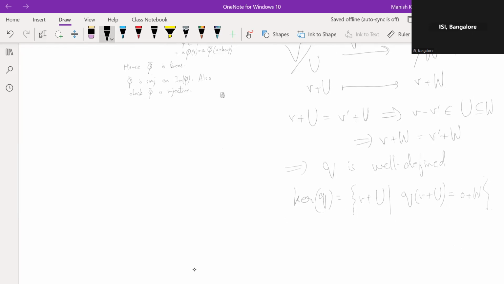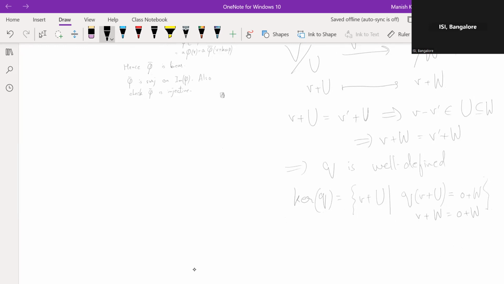But Q of V plus U is just V plus W. So this is saying that V plus W should be the same as 0 plus W. Which means V is an element of W, right?